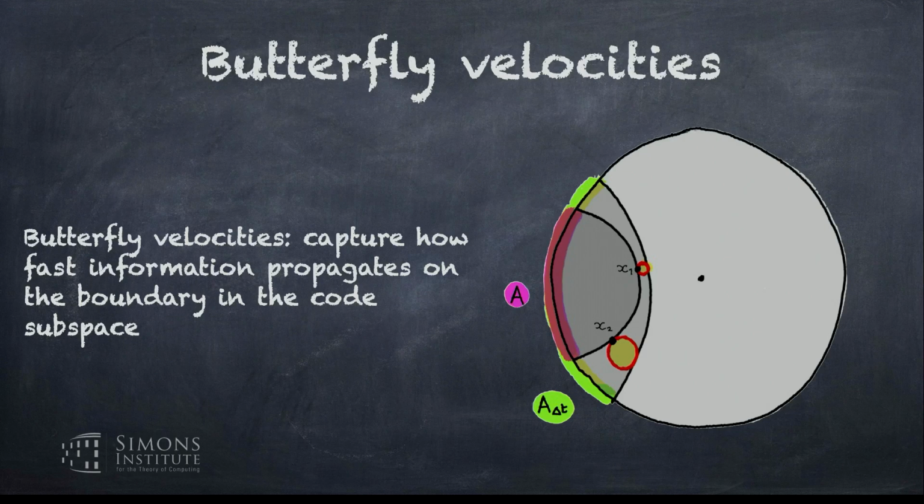The butterfly velocity is telling us how fast this information is moving on the boundary. So given how fast information moves in the bulk, what does this map to in terms of speed on the boundary?